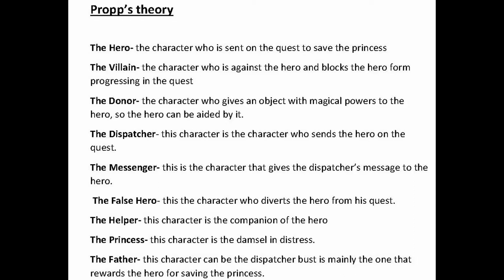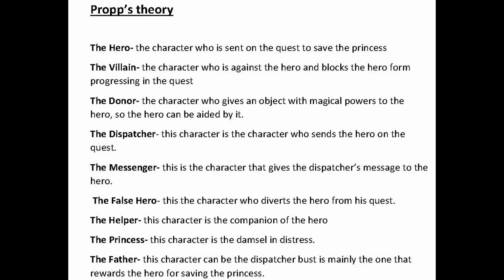When I say saves her, I mean causes her to wake up again. So yes, the princess is a person who needs saving.